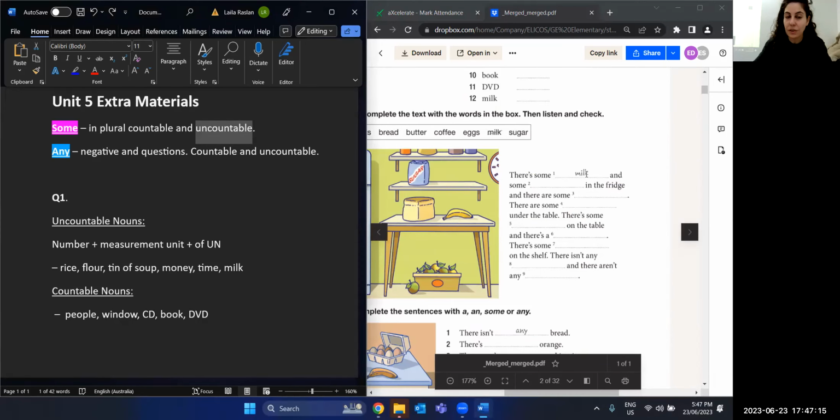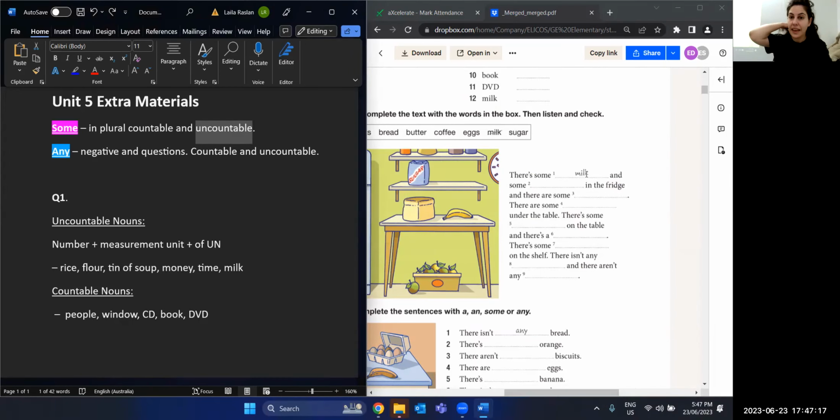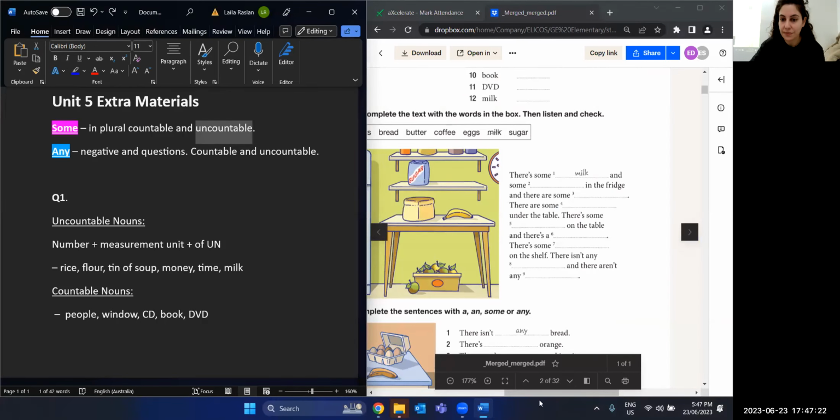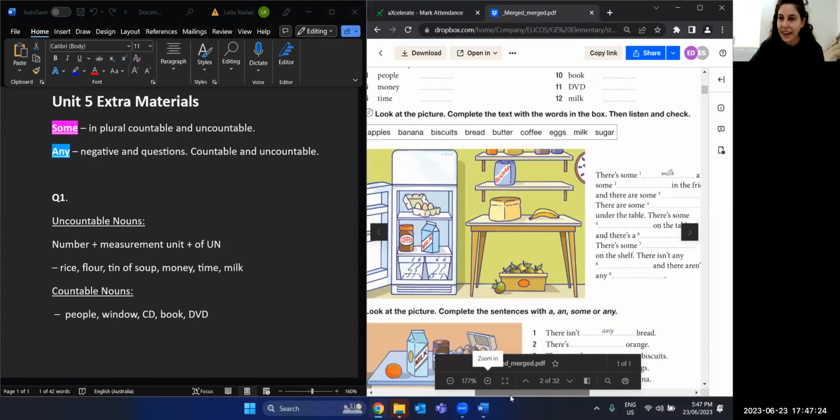There is some milk, uncountable, and some coffee in the fridge. Okay, and there are some eggs. Yep.